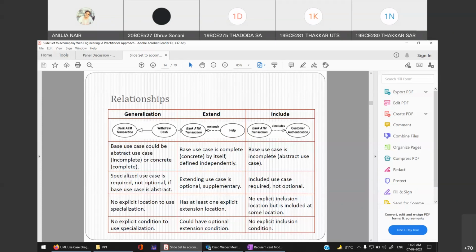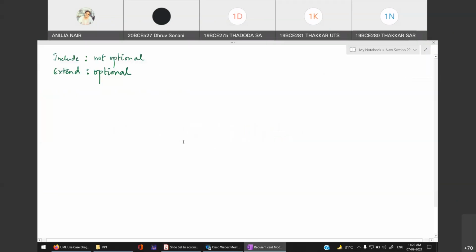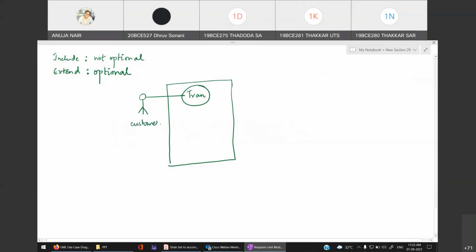Suppose I have this system boundary, and I have this transaction as one of my use cases, and I connect this transaction with this actor, let's say customer, right? And if I have another use case which is called help.